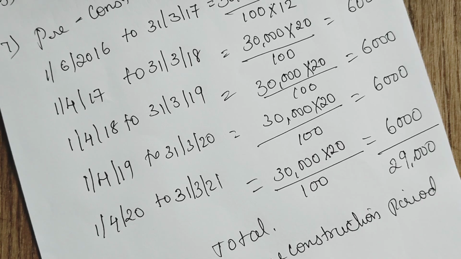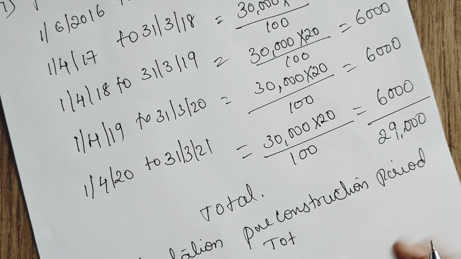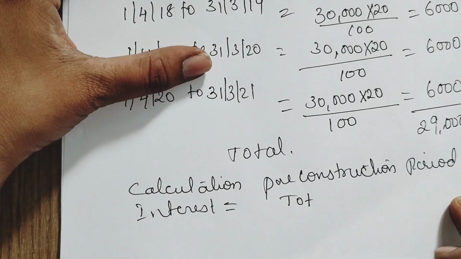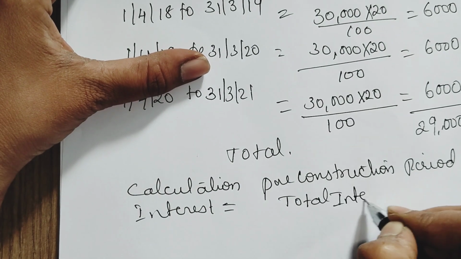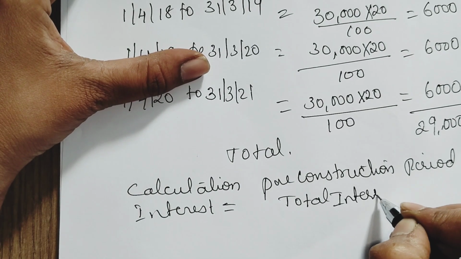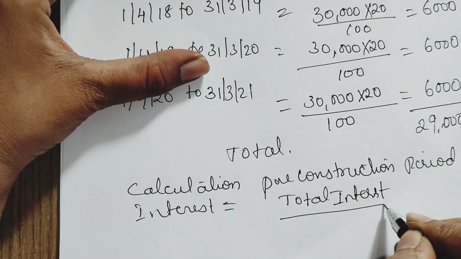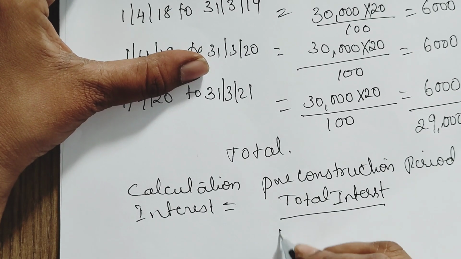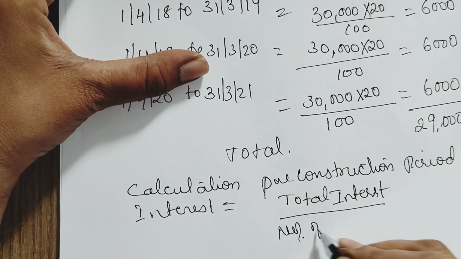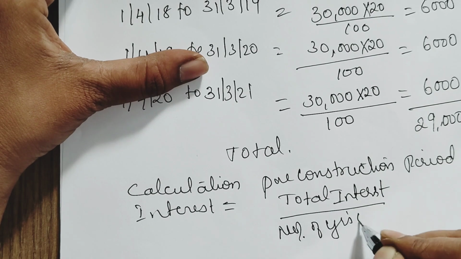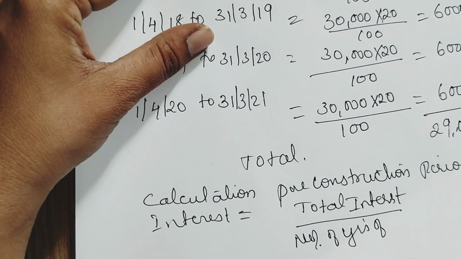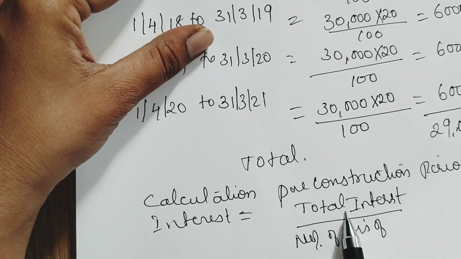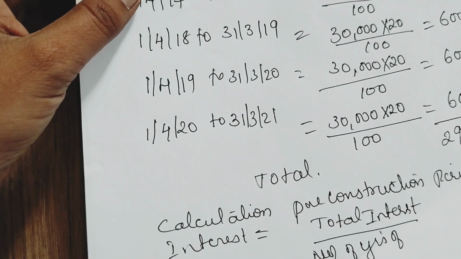Total interest divided by number of years, in equal installments.